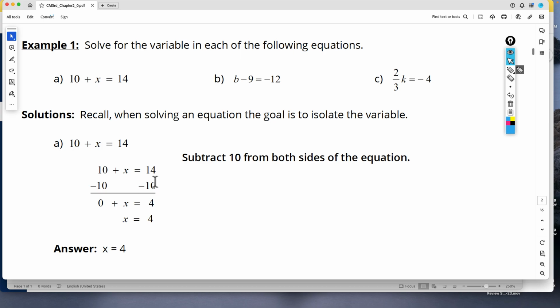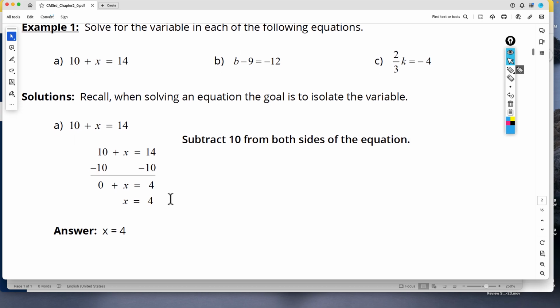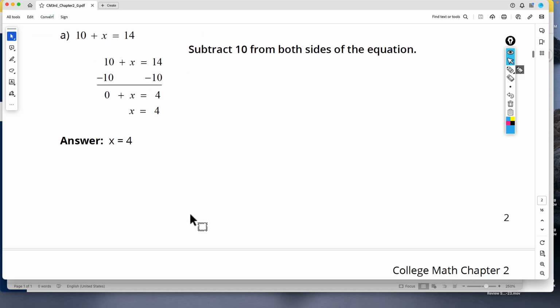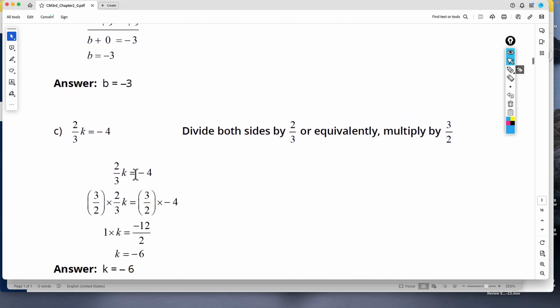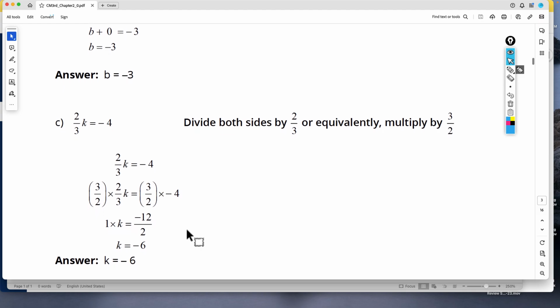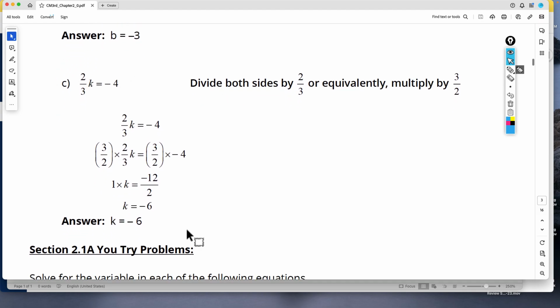And then they will walk you through the solutions just like we did. I just chose different examples, but that's exactly what the textbook is doing. And notice here, they went for the one-step solution, 2/3 multiplied by 3/2, and all of a sudden, you're solved.